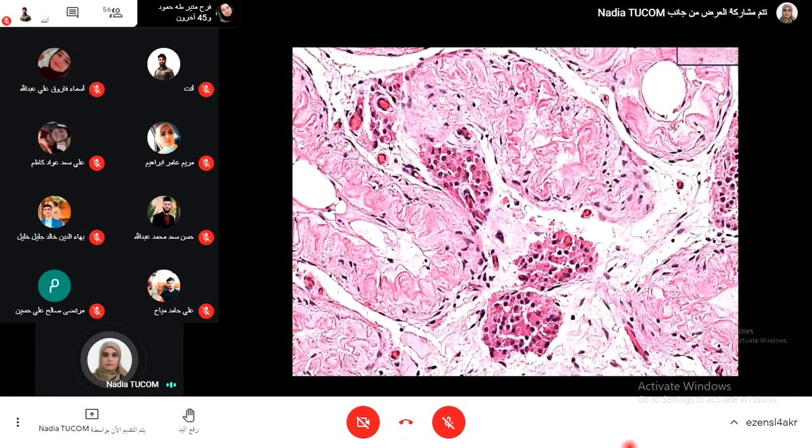Look, these seminiferous tubules should be full of germ cells, large, with sperms in the middle. Here they are totally obliterated or hyalinized, no spermatogenesis, and there is only interstitial Leydig cell hyperplasia, no germ cells, germ cell aplasia or testicular atrophy.